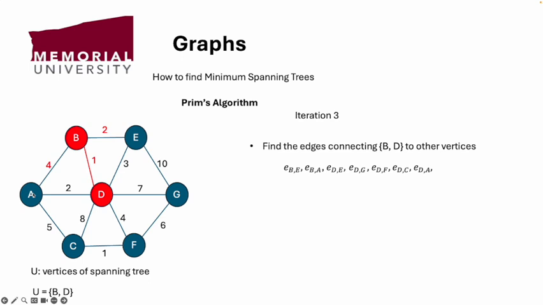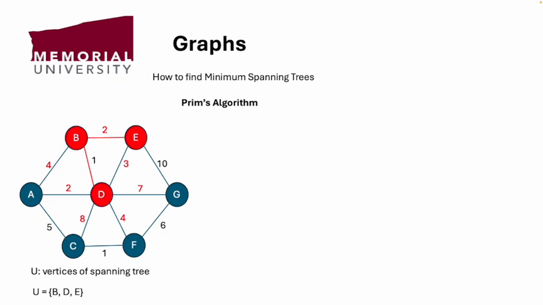So these are the edges connecting B and D. Among these edges, which is smallest? BE is smallest because it's 2. All others are more than 2. So we add E into the set U. And then we keep going.